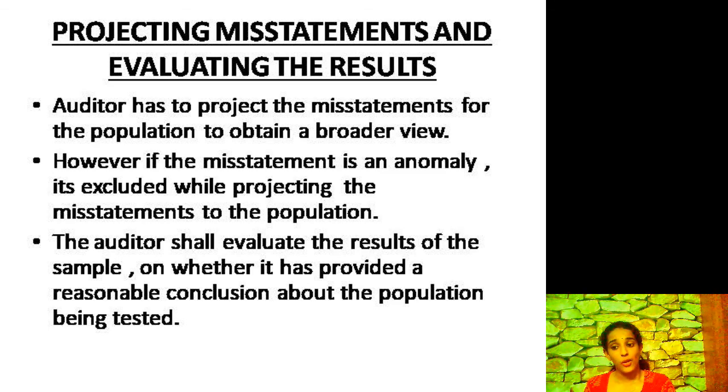Then we saw what is a tolerable rate of deviation and tolerable misstatement, and we saw two types of errors: tolerable error and expected error. The tolerable error also has two divisions: tolerable rate of deviation and tolerable misstatement.